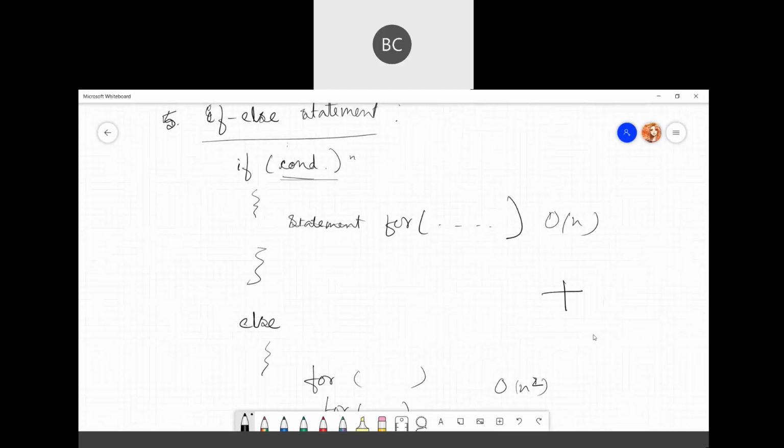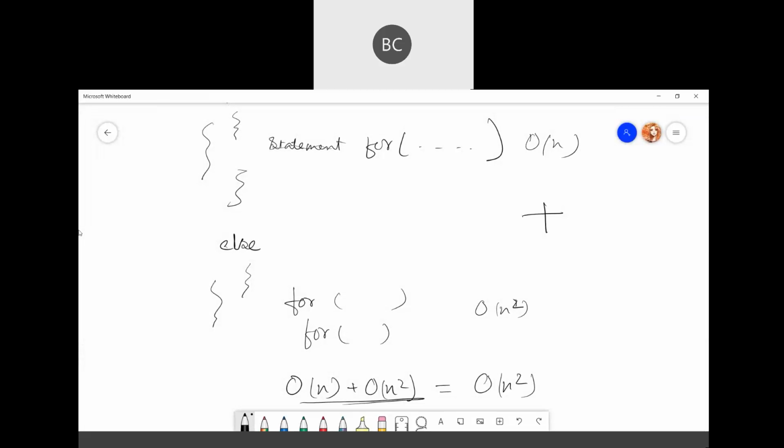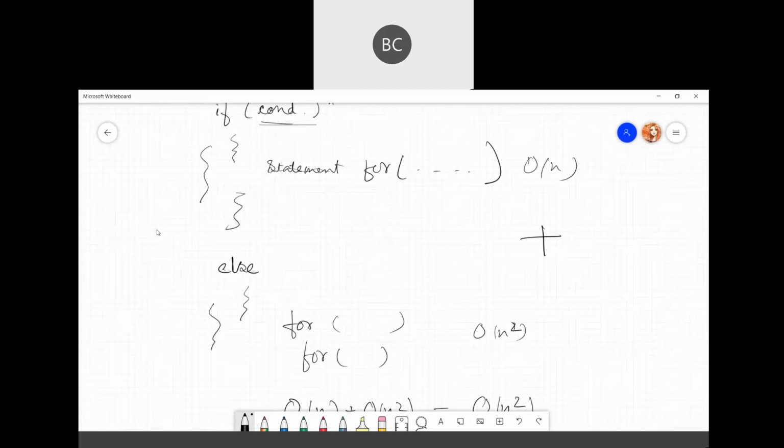So the if part will have a certain amount of time and the else part will also take a certain amount of time, and you just need to add up that time. This time will depend on whatever statement you have inside. If it is a single assignment, it will take constant time.